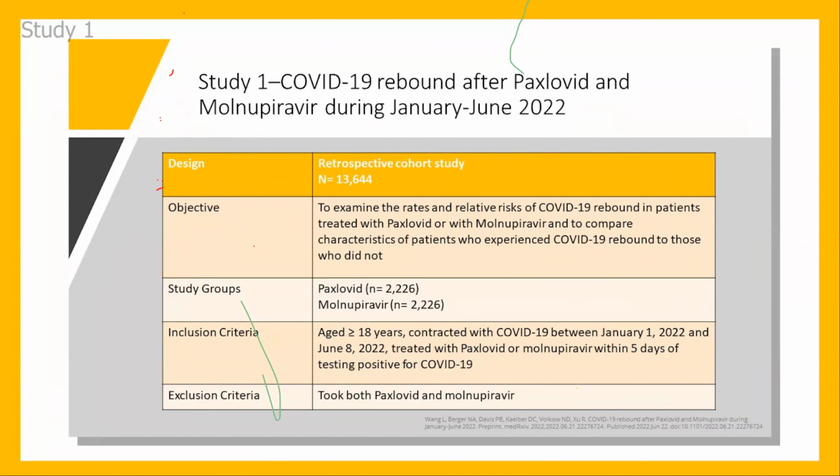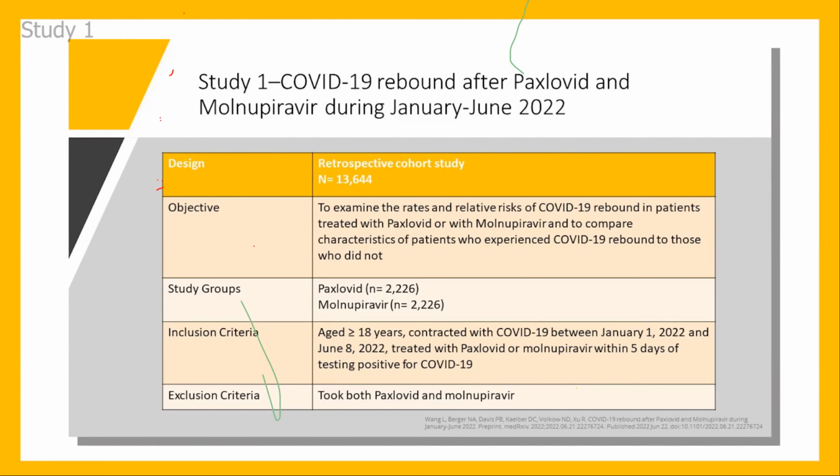To be included in this study, patients needed to be at least 18 years old, have contracted COVID-19 between January 1st, 2022 and June 8th, 2022, and have been treated with nirmatrelvir and ritonavir or molnupiravir within 5 days of testing positive for COVID-19.